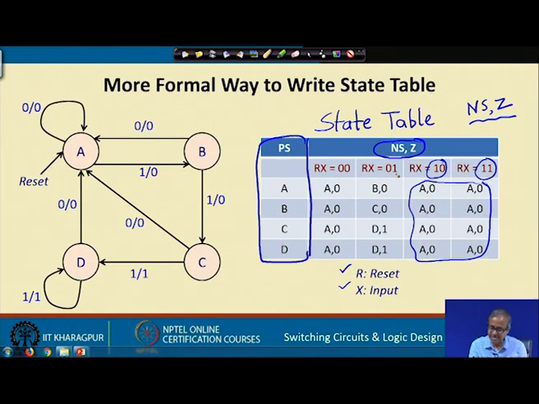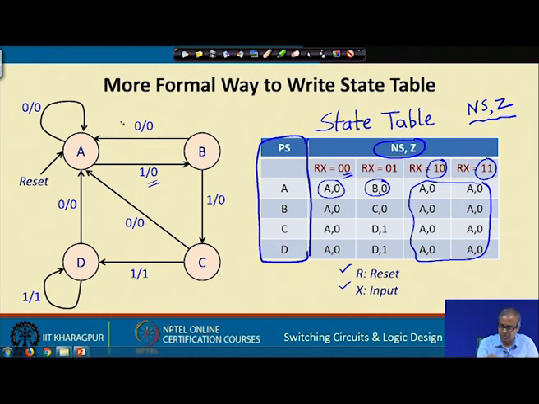But when R is 0, depending on the value of x, you are taking a decision. Here x is 0. So, when x is 0, you see from A, if the input is 0, you remain in A with output 0. You write A comma 0. This is the next state and output. If it is 1 here, you go to B with output 0.